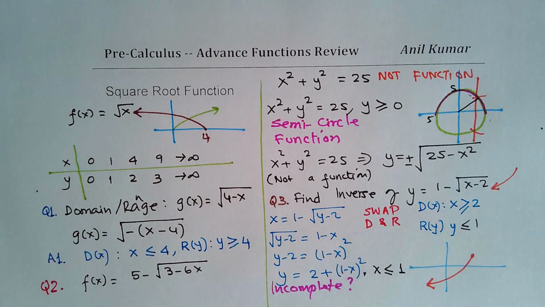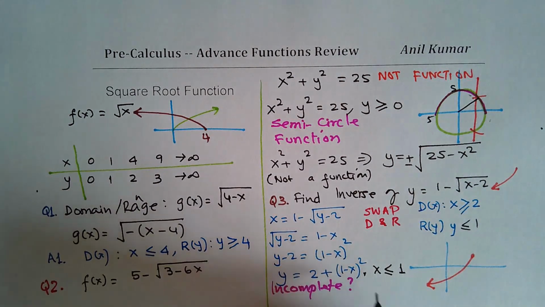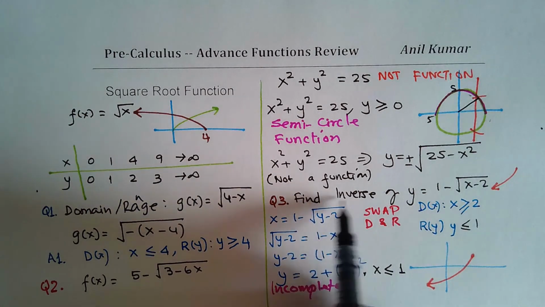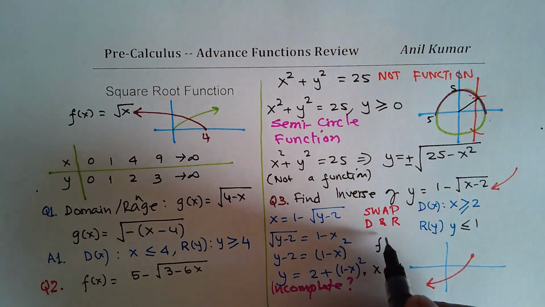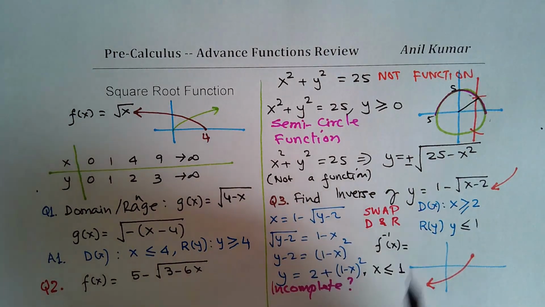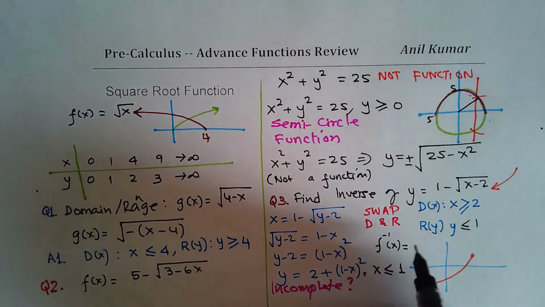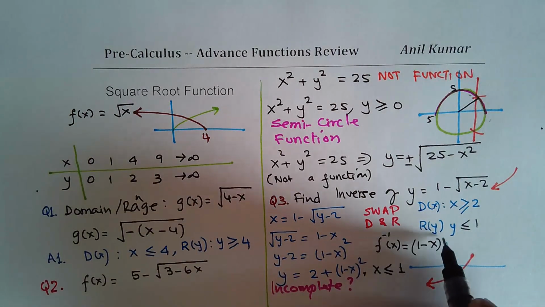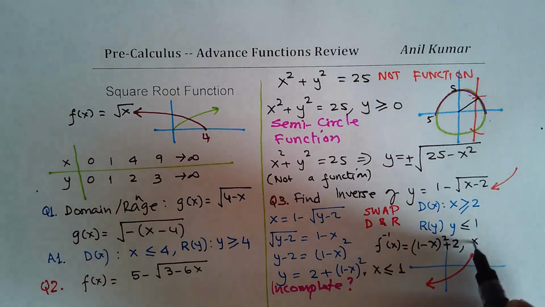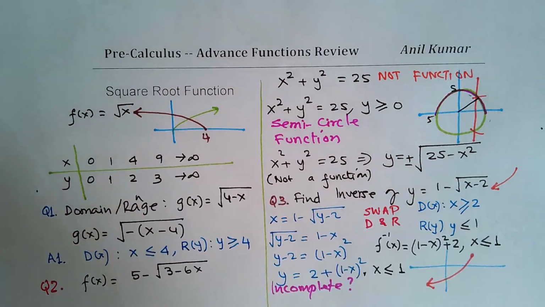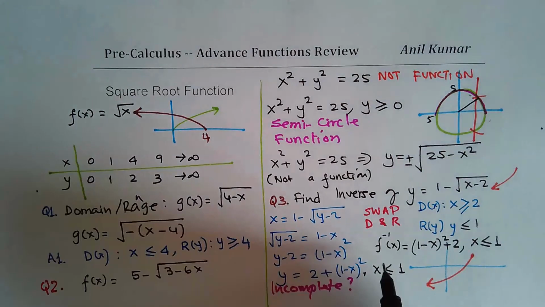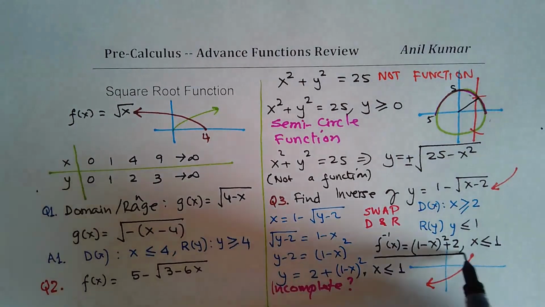Then it becomes the inverse of the function. Now you can write down the answer that the inverse of this function is a function and is equal to (1 minus x) squared plus 2, where x is less than or equal to 1. Do you get it? It is the most important thing to understand.